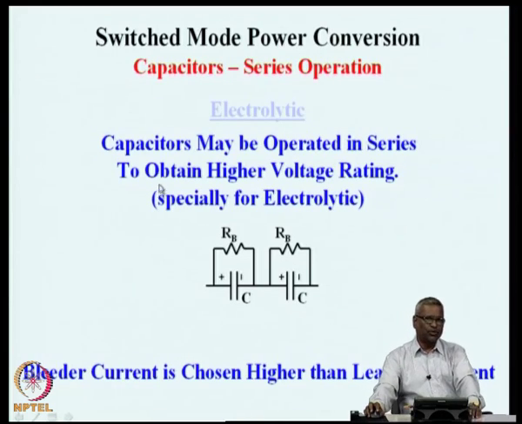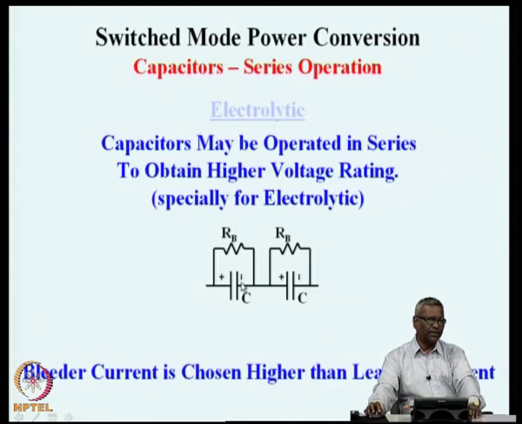Many times you may buy capacitors from the market and the voltage rating may not match what you want, and it may be necessary to operate these capacitors in series in order to obtain higher voltage ratings. You can easily obtain a higher voltage rating by connecting capacitors in series. All that one has to take care of is that the voltage sharing between the capacitors is proper.